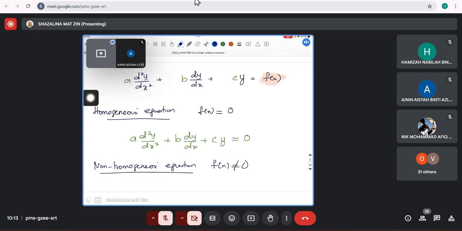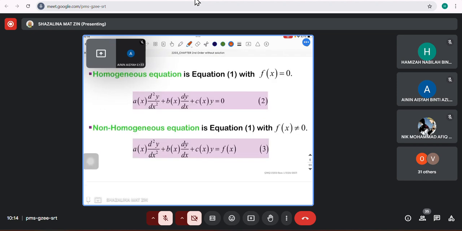So this is the equation. Equation dia macam ni lah. Seperti di atas. a d squared y dx squared plus b dy dx plus c y equals a function of x. Okay, kena recall balik what is the function of x. It can be polynomial, it can be exponential, it can be trigonometric. Okay, so we have two types: homogeneous equation and non-homogeneous equation.